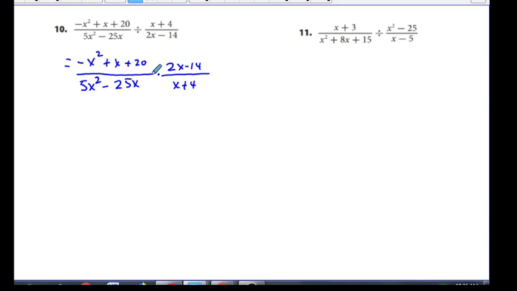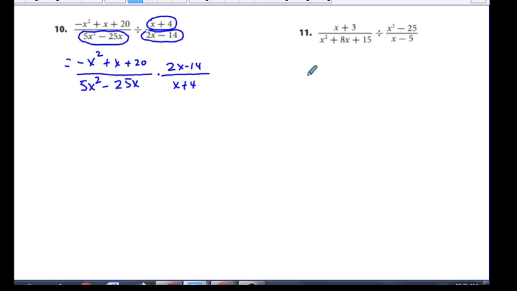Okay. Now, again, our excluded values, we have to worry about this original denominator, and then finally our new denominator, which is going to be this x plus 4 when we take the reciprocal.